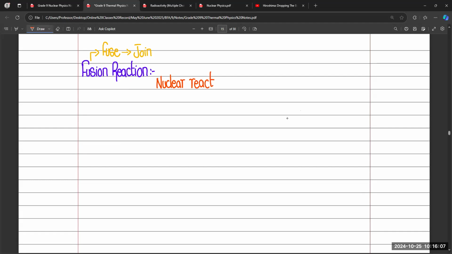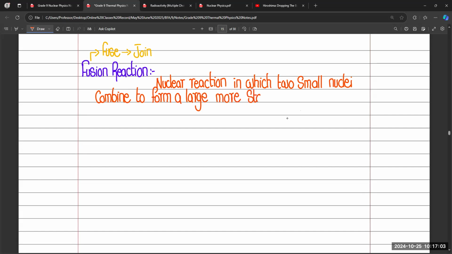So this is a nuclear reaction in which two small nuclei combine to form a large, more stable nucleus.